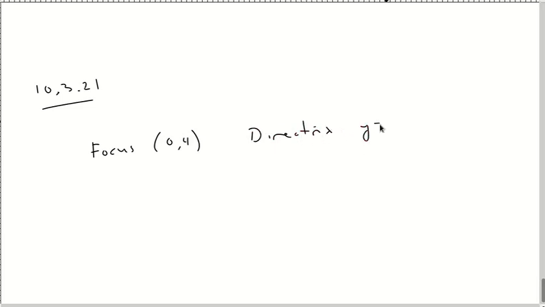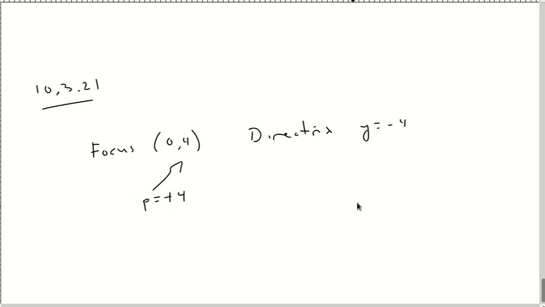Next one. I sure have a whole lot of examples. So, focus is at 0, 4. Directrix, yeah, this tablet's definitely not acting correctly right now. Got a -4. Go figure, right? So here we got p is equal to a +4.